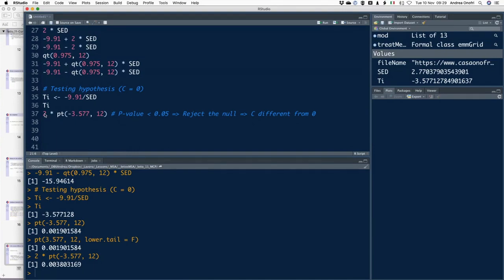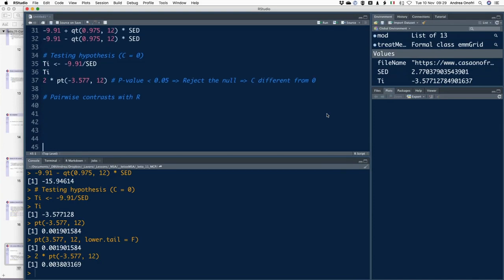Now, the fact is that we should do this for all differences, and we do not want to do this by hand. Therefore, we use R. So, pairwise contrasts with R. And we've seen that.